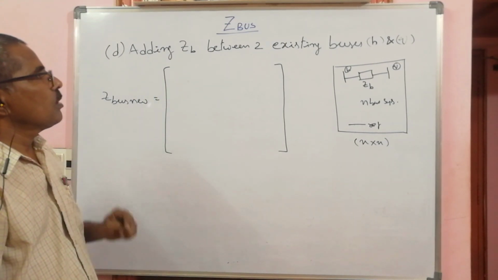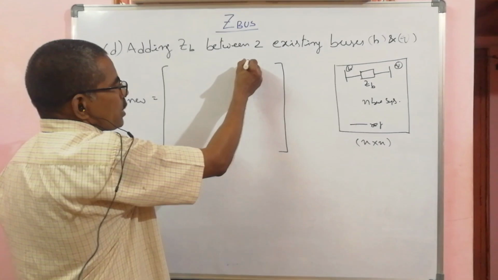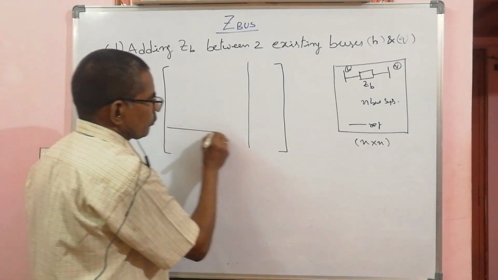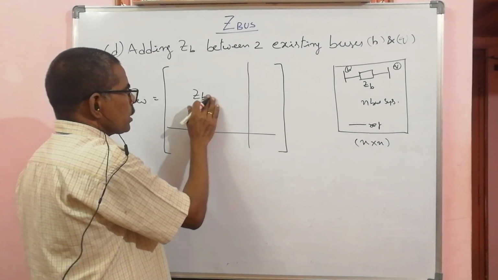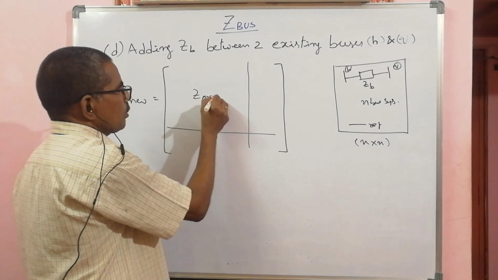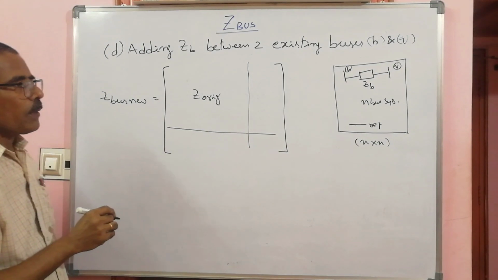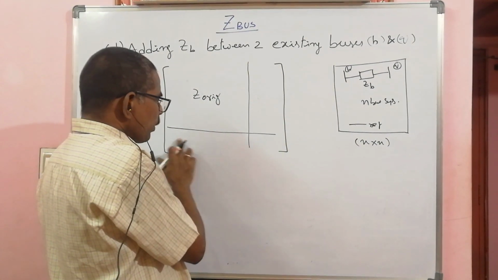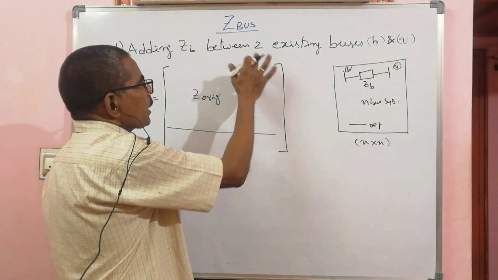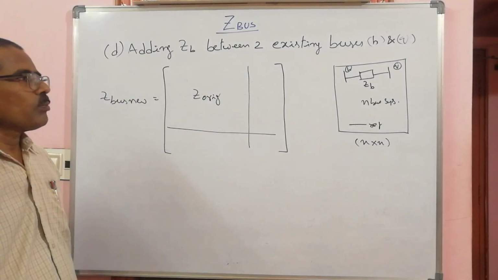here also the procedure, that is, this is your Z bus original. Then temporarily we will be again adding a column and a row.